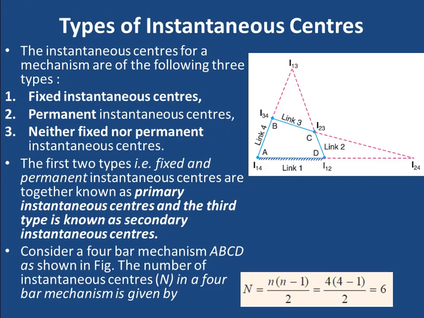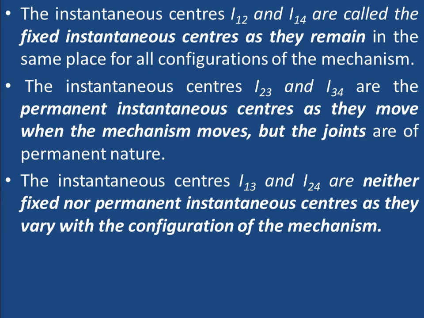Now the last type, you can see I13 and I24 drawn by the pink dashed lines. They are not there actually in this mechanism. They have to be located. They are not easily available, and you have to do some construction to get them. So the instantaneous centers I13 and I24 are neither fixed nor permanent, as they vary with the configuration of the mechanism.